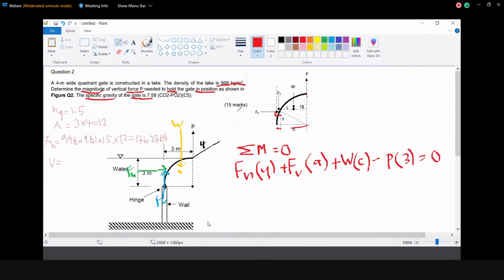What you can get when you see from the bottom, it is this part yang saya warnakan. Yang saya lorekkan ni, you kena cari volume untuk this one. Okay, so how we do it? Kita kena cari luas petak ni, tolak dengan kuadran.